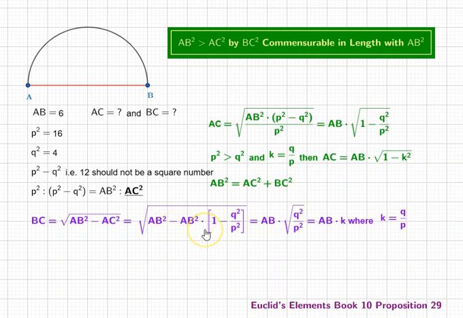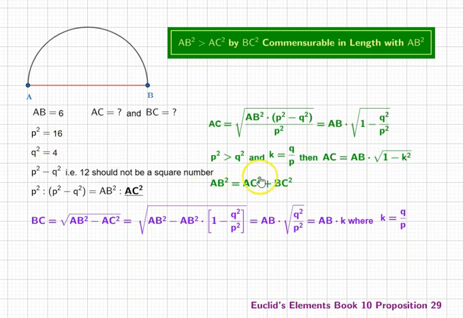So 1 minus 1 disappears. We are left with AB times square root of q square by p square. Again, these squares and the square root will disappear. So we are left with AB times K, where K is equal to q by p.